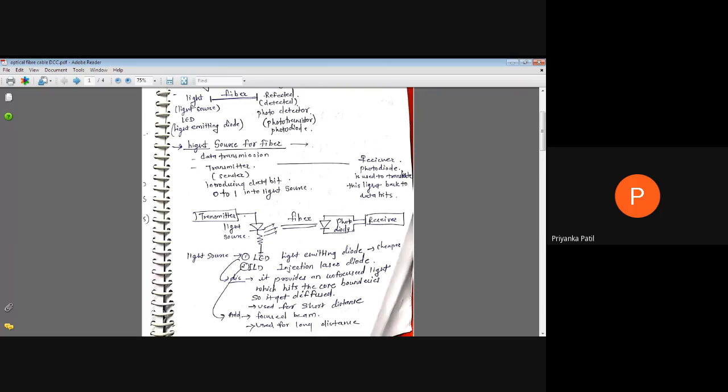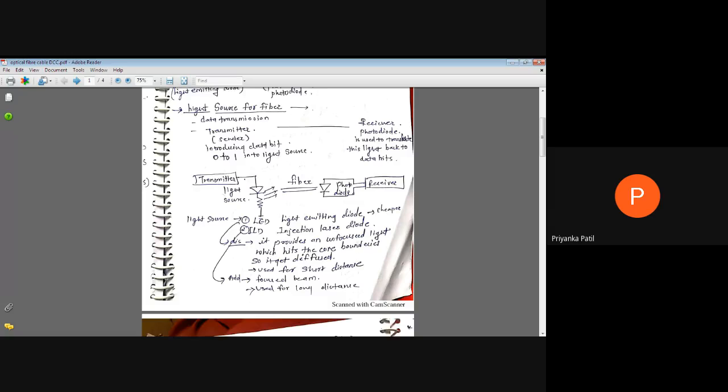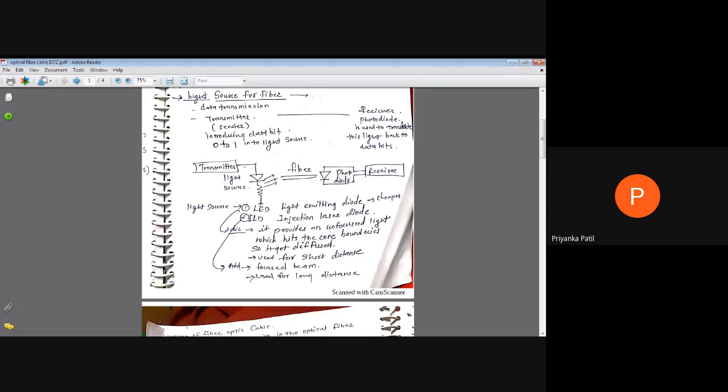There are two light sources used for this purpose. First one is a LED and next one is an ILD. LED stands for light emitting diode, and ILD stands for injection laser diode.